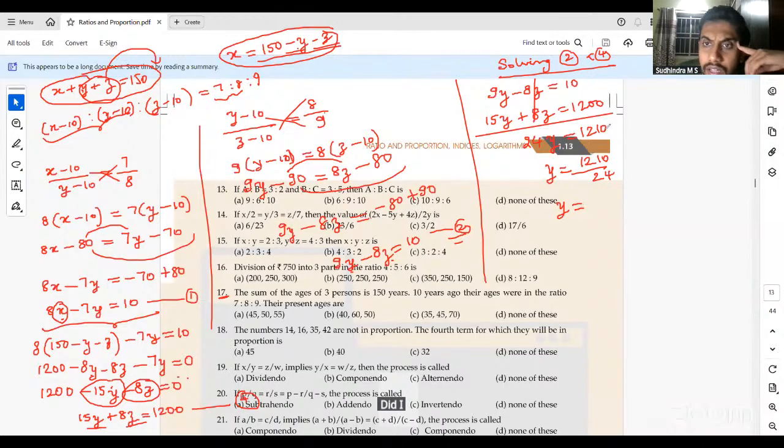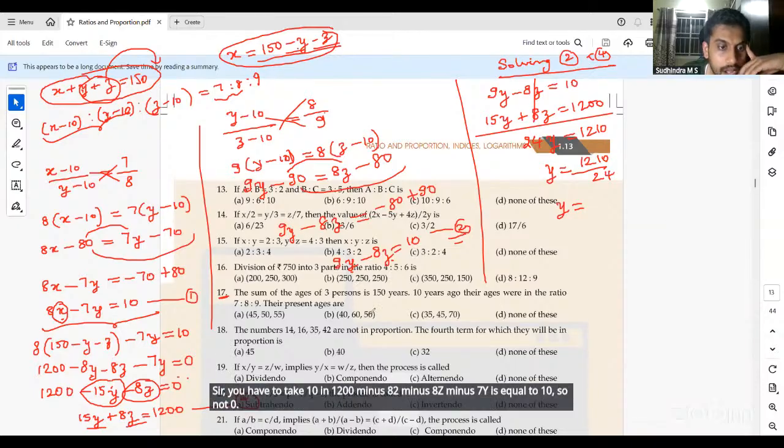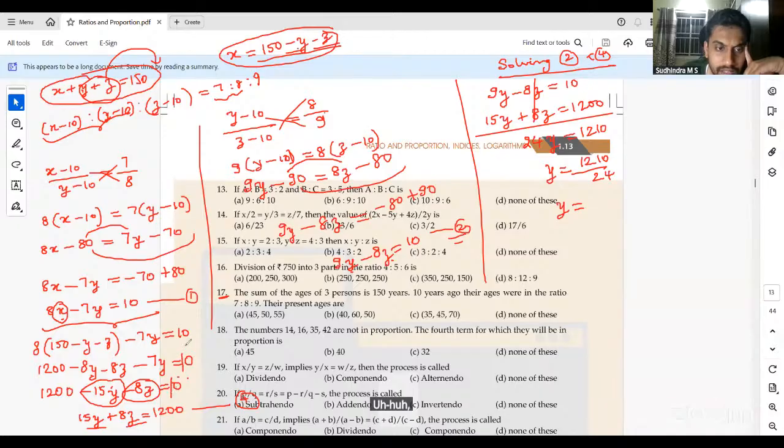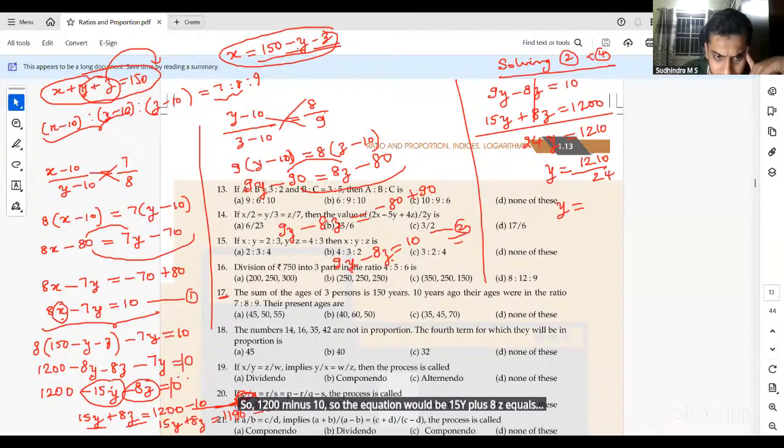Did I do something wrong? Sir, you have to take 10 in 1200 minus 8y minus 8z minus 7y is equal to 10, not 0. Sorry, correct. So this should have been 10. So 1200 minus 10, and the equation would be 15y plus 8z equals 1190. That is the fourth equation.